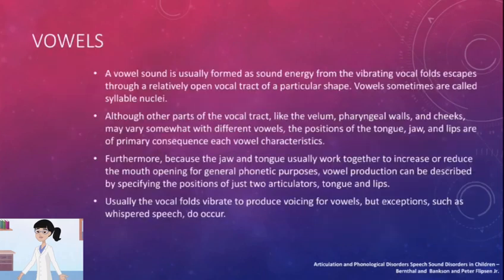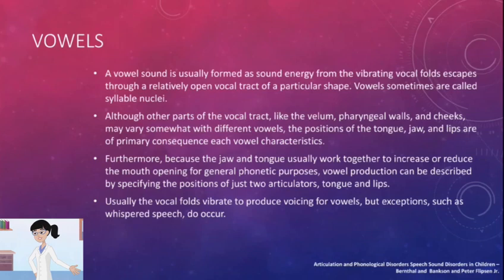Now let's see how the vowel sounds are produced. It is usually formed as sound energy from vibrating vocal folds escapes through a relatively open vocal tract of a particular shape. Vowels are sometimes known as syllabic nuclei. The vowel characteristics mainly depend on the positioning of the jaw, tongue, and lip compared to the other structures of the vocal tract like the velum, pharyngeal wall, and cheeks.